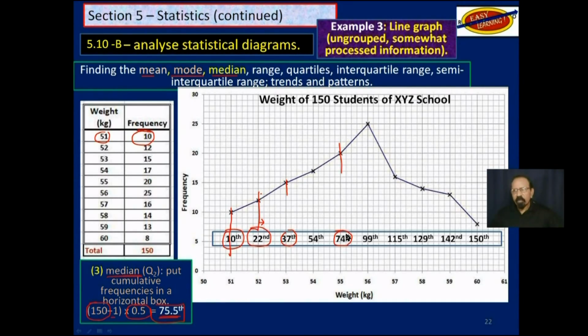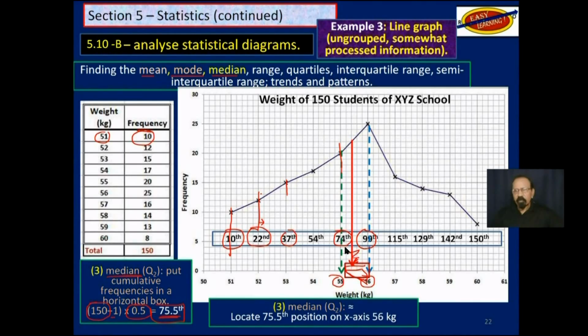A little past there will take us to the 75th and so on. So that's the 74th position, which will take us to 55. If we count all the 56s, we will reach the 99th position. So obviously, our answer will fall here within the 56s. So our answer for the median, Q2, is 56 kilograms.